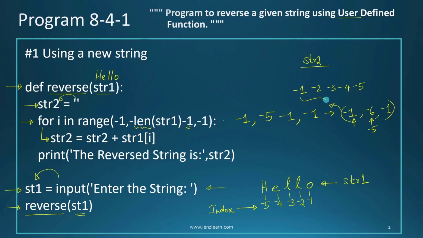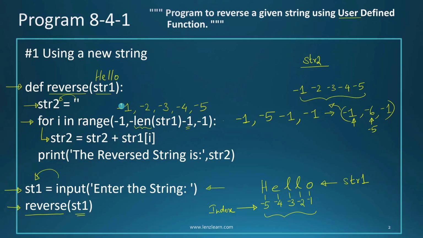This is exactly the index values that you want, -1 to -5, to read this string in reverse order. So I will replace this range with -1, -2, -3, -4 and -5.